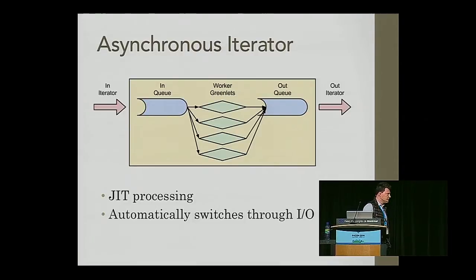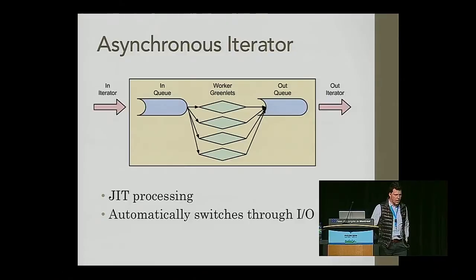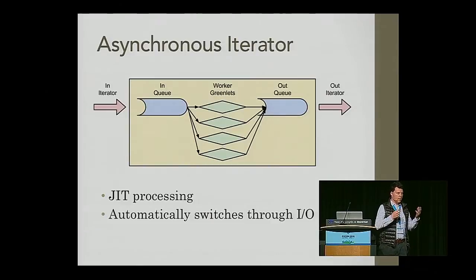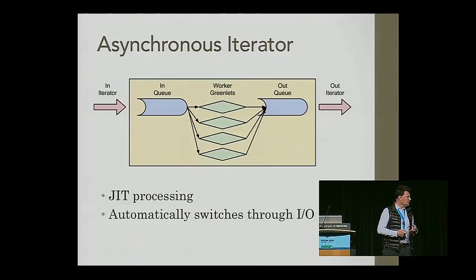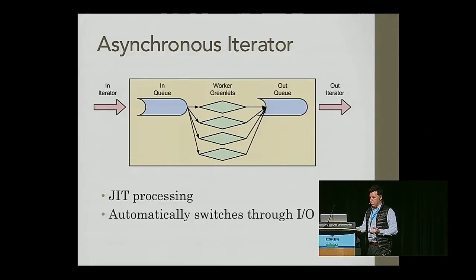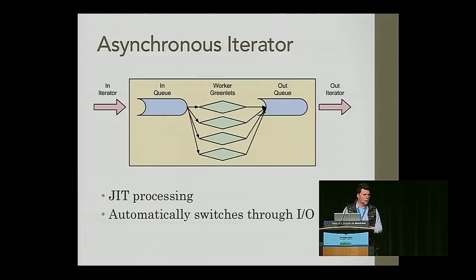So basically what it is you have this object which acts like an iterator. Technically it's a generator. It has an input queue of objects that it's processing from a source iterator, and then it has a number of greenlets that are acting as workers, and an output queue that is exposed as the output of the iterator.